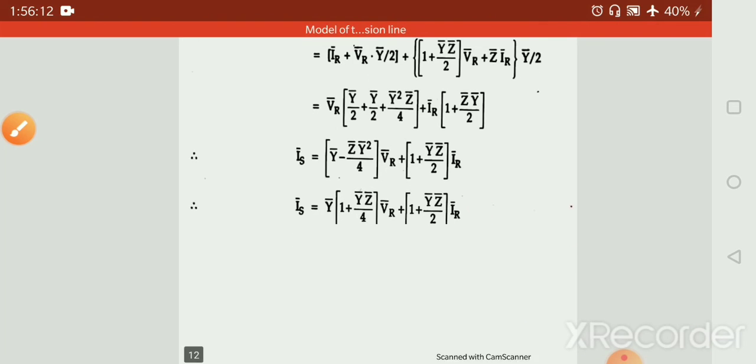Now we compare both equations with the ABCD parameters. We compare the equations for Vs and Is with the standard equations. The standard equations are Vs equals A into Vr plus B into Ir, and Is equals C into Vr plus D into Ir.